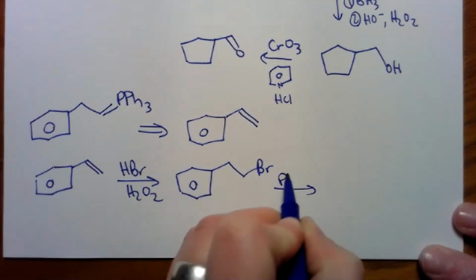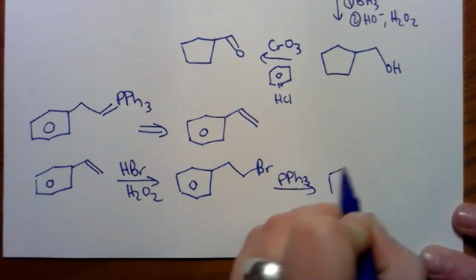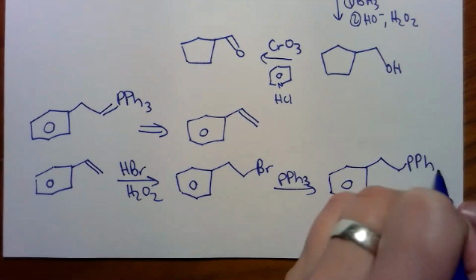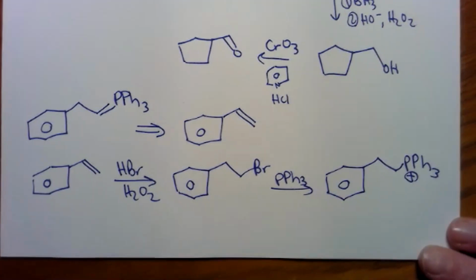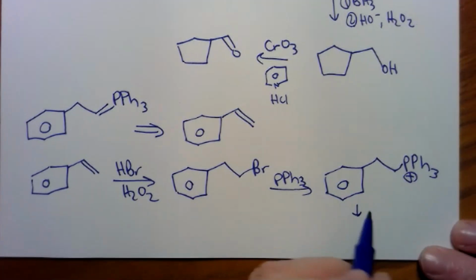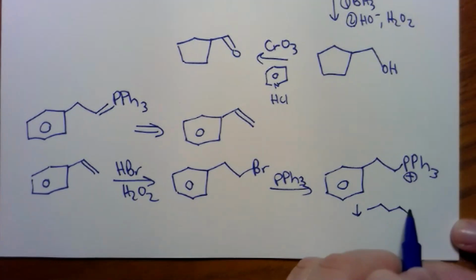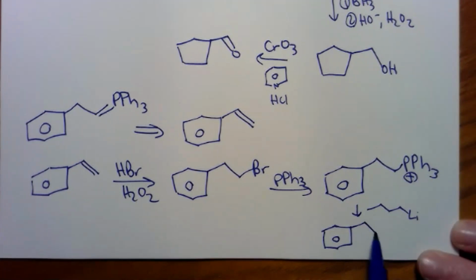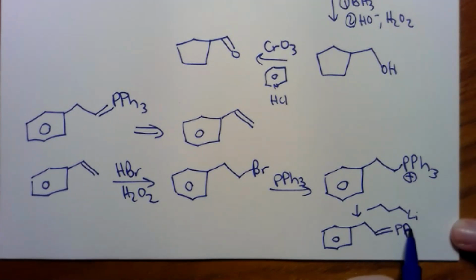Then I add some PPh3 so that I get this thing with a positively charged phosphorus. I add a strong base. How about butyl lithium? Strong base makes me get the C minus. Whoops.